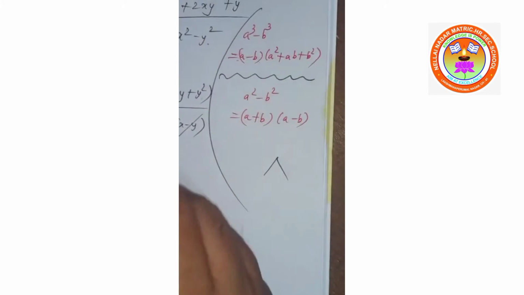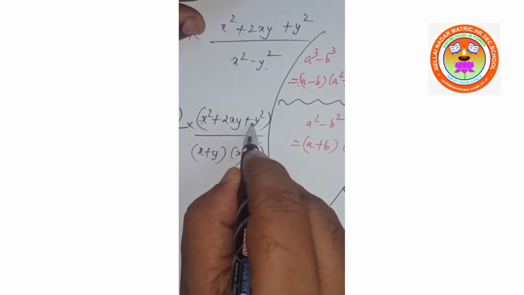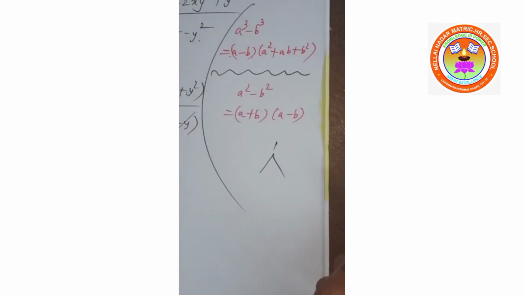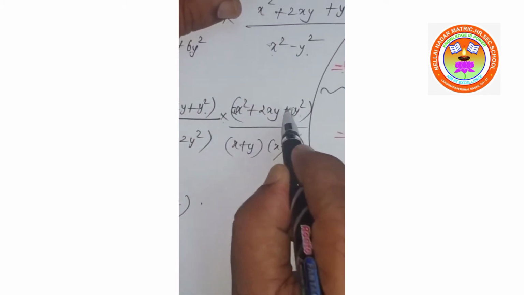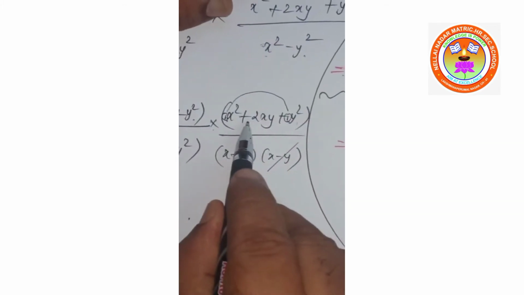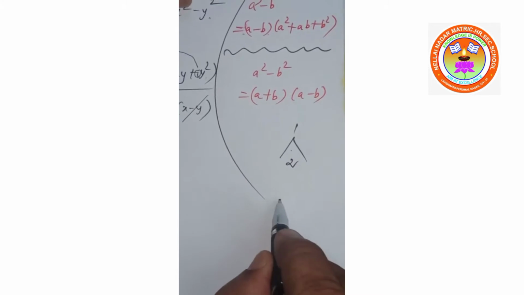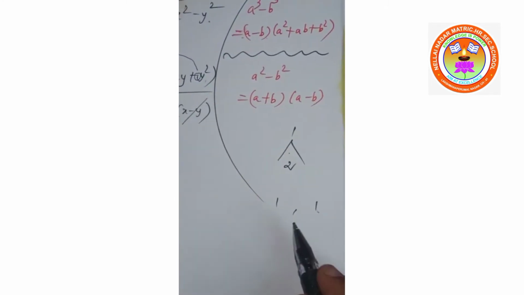How to factorize? Coefficient of x² is 1, coefficient of y² also 1. Correct? 1 into 1, that is 1. And coefficient of xy equals 2, right? Product 1, sum 2, the two numbers are 1 and 1. Look at that, 1 plus 1, 2, 1 into 1 equals 1.